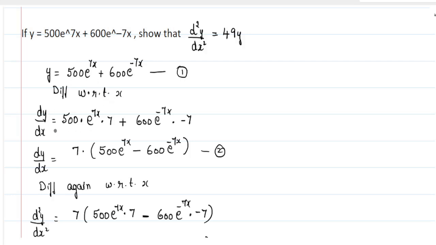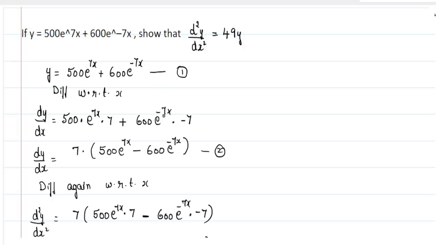So dy by dx equal to differentiation of 500 into e raised to 7x, which is 500 into differentiation of e raised to 7x, that is e raised to 7x itself into differentiation of 7x, which is 7, plus 600. It's a constant, so it will remain the same, into e raised to minus 7x.